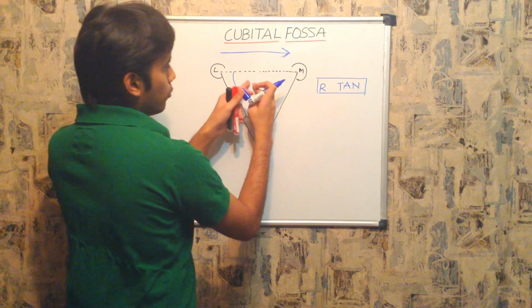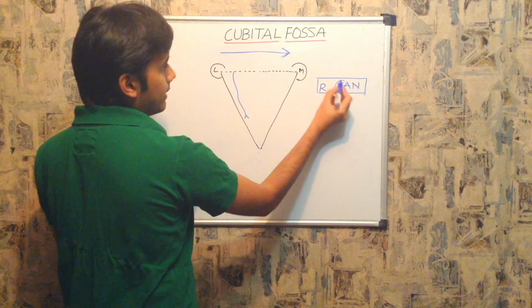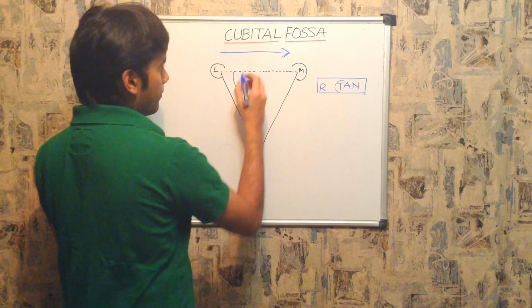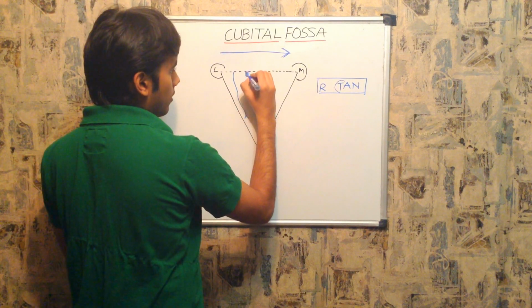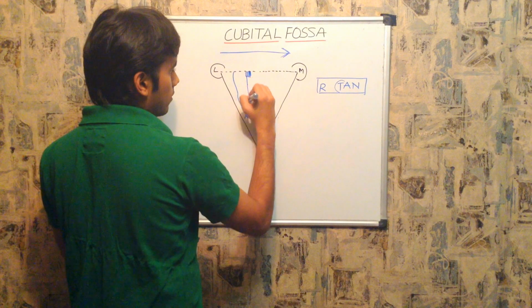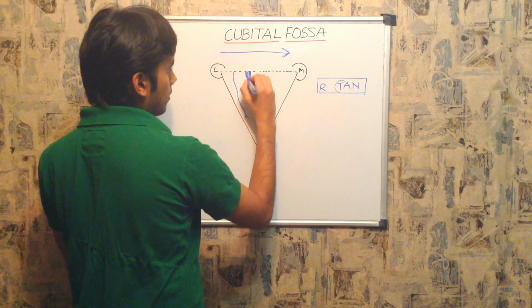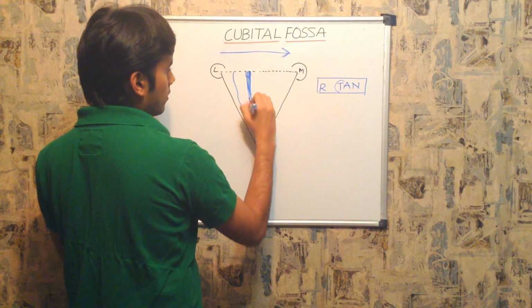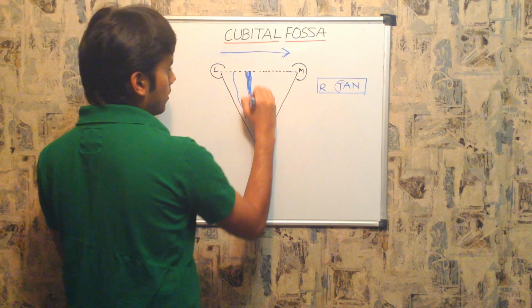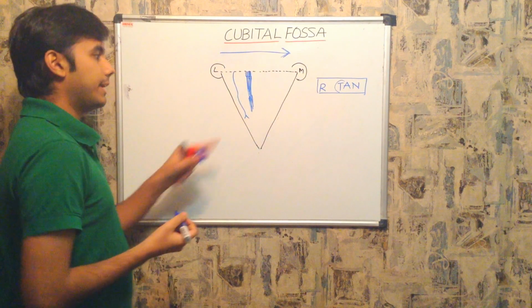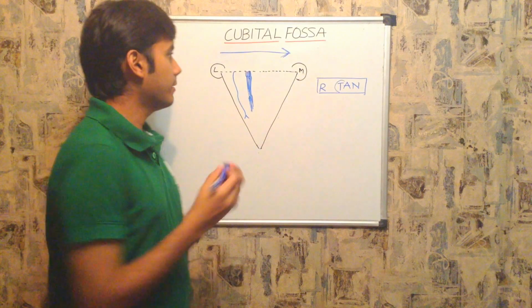When you move medially, you will find T, in the sense the tendon. Tendon of which muscle? Tendon of the biceps brachii muscle.